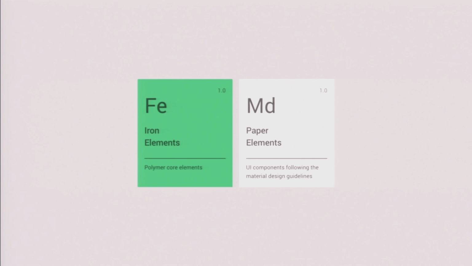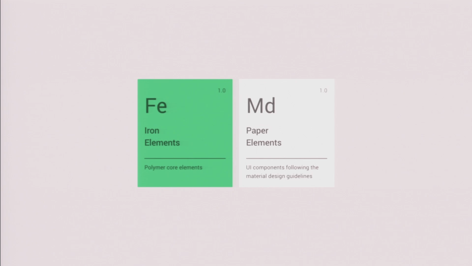But we're sticking with this whole chemistry-related branding. So we have iron elements as one of our product lines, and these are element sets that make it easier to have the basic building blocks for any web application. A lot of them are non-visual things that pipe other plumbing together if you choose to use them.